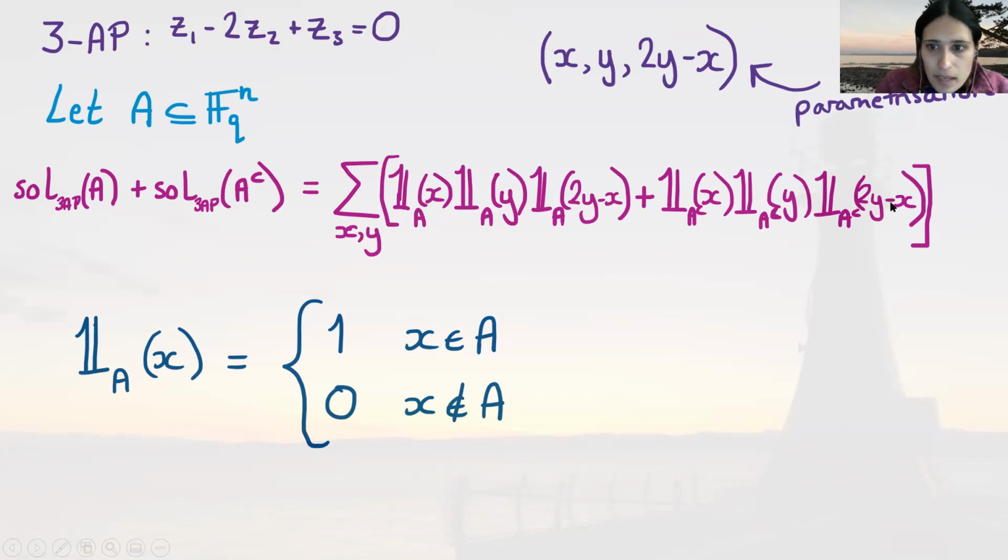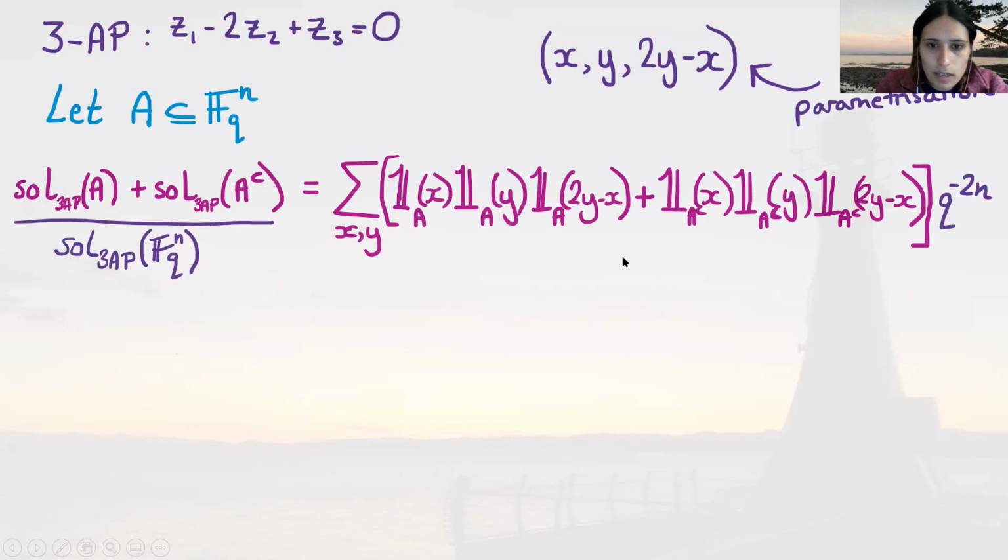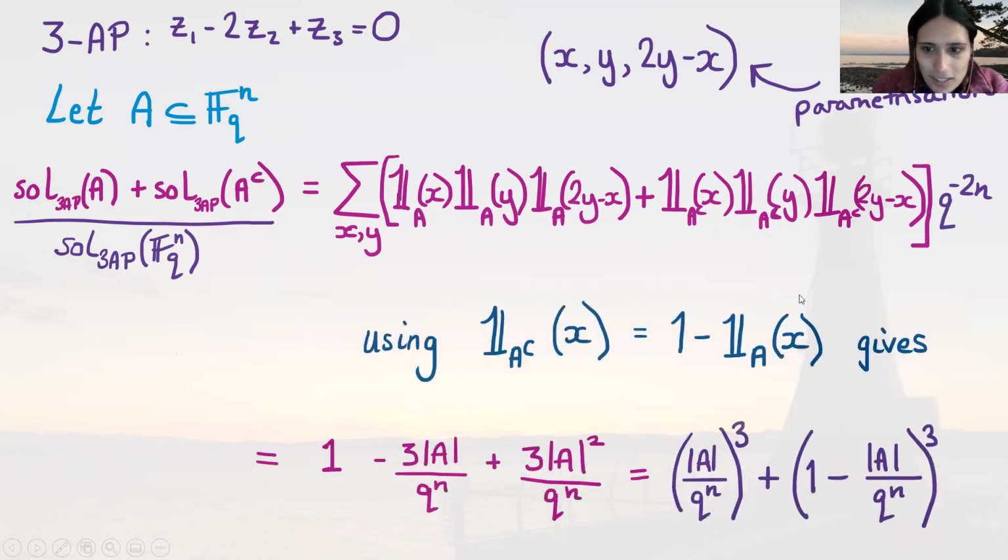And this term here gives us a 1 whenever each of these things is in our set A complement. So if we sum over all x and y, it's going to pick out exactly the number of red solutions and the number of blue solutions. What we can do now is divide through because we care about the density.